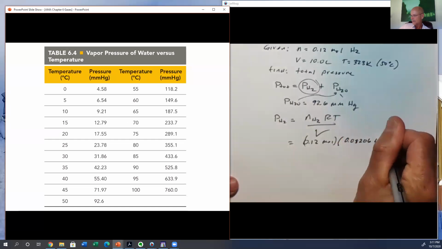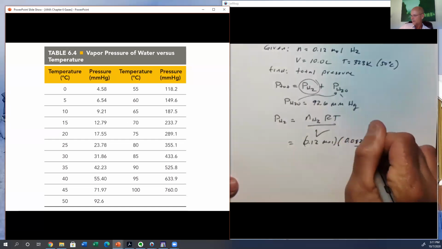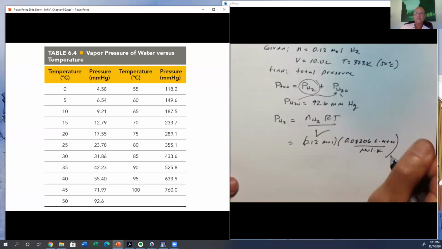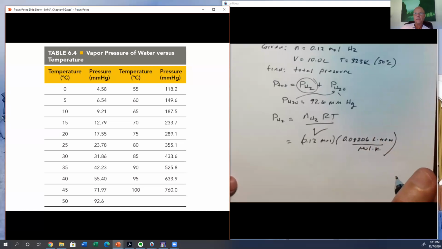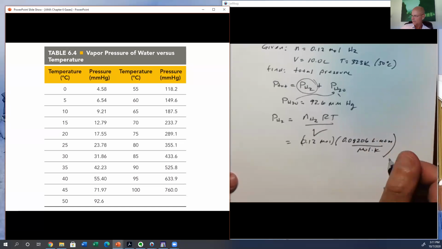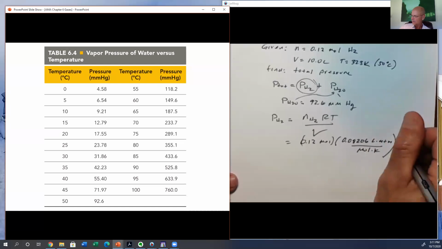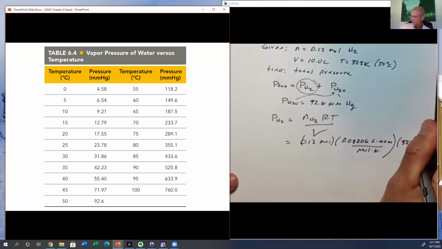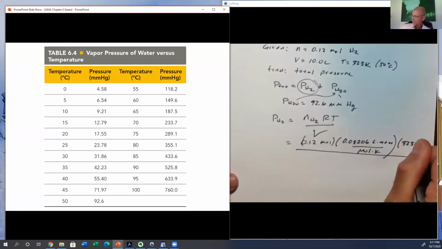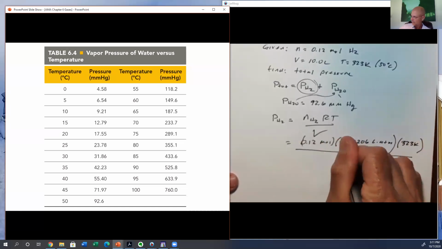0.08206 liter atmosphere per mole Kelvin. I know it's tedious to write that out every single time, but it's really going to help you. Times temperature, 323 Kelvin, divided by the volume, 10.0 liters.